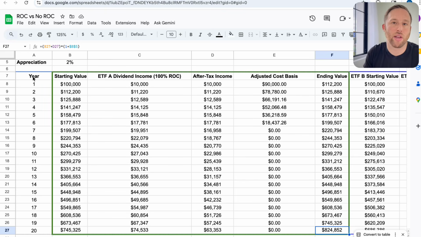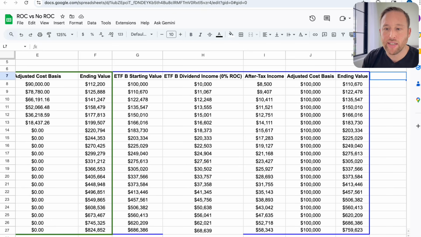Of course, this is a simulation. Things go up and down, but this is purely for more understanding of return of capital versus no return of capital structure. The easier one to understand is looking at ETF-B, which has 0% return of capital.